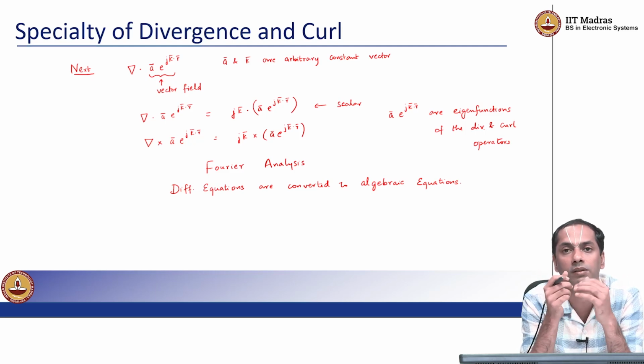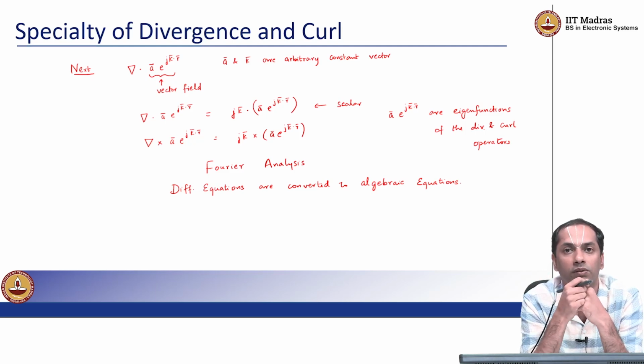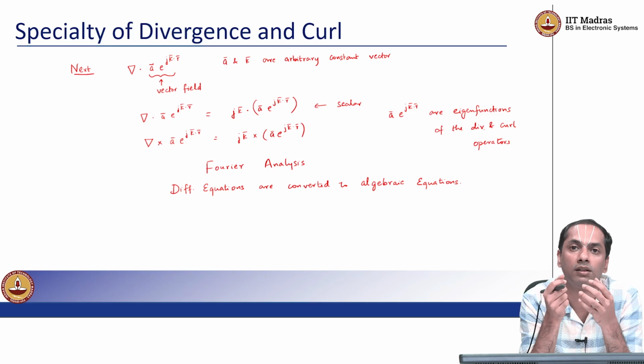So, I can have these Maxwell's equations operating on these eigenfunctions, and I have converted the Maxwell's equations into algebraic equations, and I can do so looking at these algebraic equations for every Fourier component of the field, right. So, this is a very elegant method, right, a mathematical way for us to be able to handle vector fields, right, and uniquely determine them, and to be able to solve these vector differential equations.